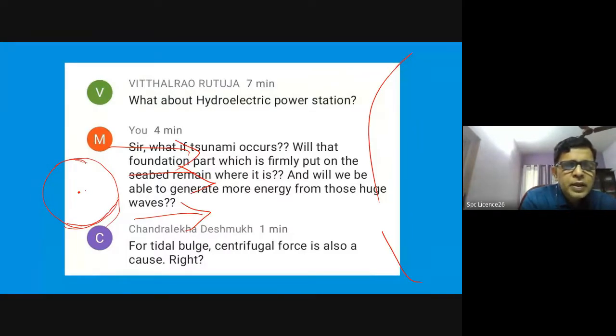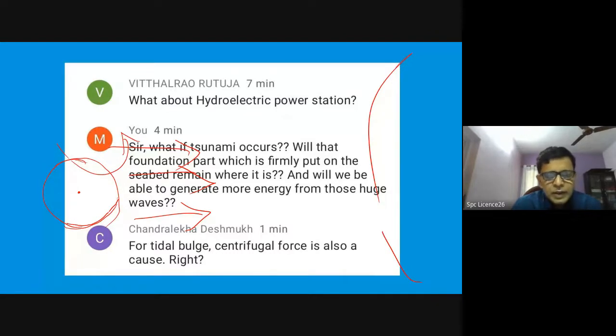So you have the gravitational force versus what is called the centrifugal force. What goes towards the center is gravitational, what goes away is centrifugal force. And centrifugal force, we all know, is generated out of an angular momentum or displacement because of the rotation of the earth along its axis.